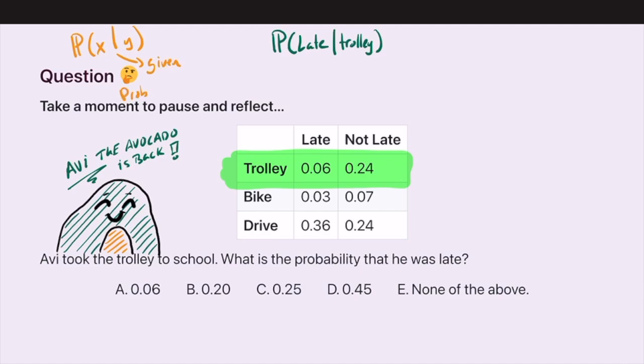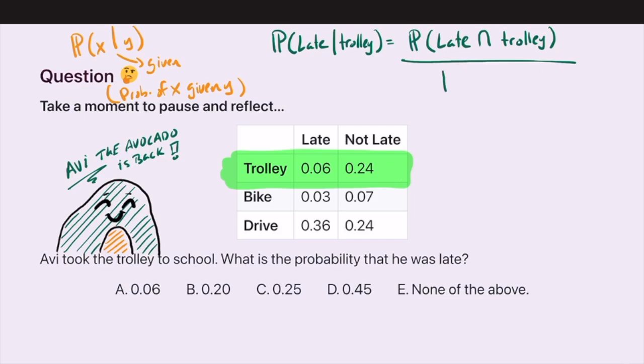So the probability of X given Y, that's how you'd read that. Okay, so back to our problem. The probability of late given trolley is equal to the probability of late and, or the intersection, trolley, and that's going to be over the probability of taking the trolley.